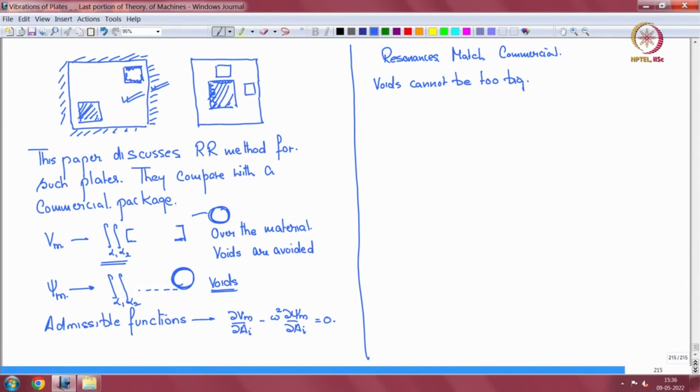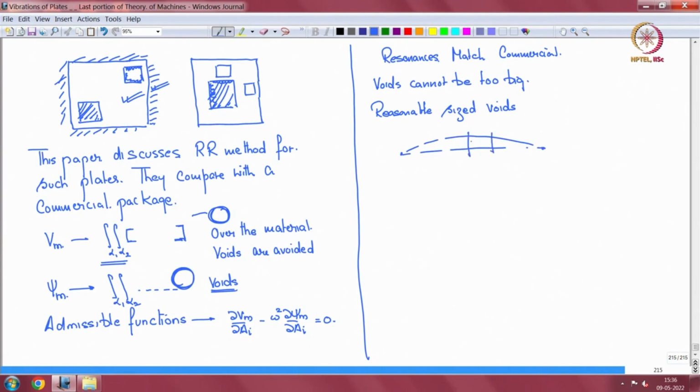So for reasonably sized voids, this is an open problem. There is a lot of work in this area to compute vibrations and sound from such plates, but you cannot find functions that satisfy the outer and inner boundary conditions. For example, a function that satisfies the boundary condition here and a boundary condition there suddenly has to satisfy a condition on the void boundaries.